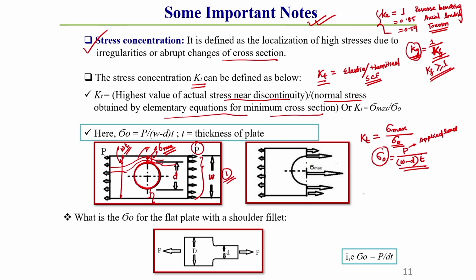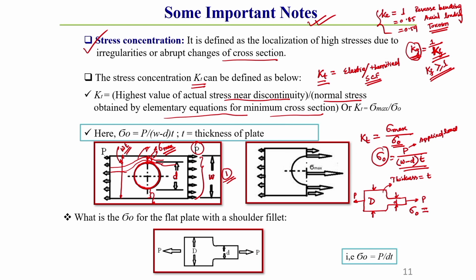I am giving another example. Let us consider a plate with a shoulder fillet. Let this specimen be subjected to load P. Here the larger width is capital D, the smaller width is small d, and let us consider the specimen has a thickness T. Now, for this case, what should be the nominal stress sigma 0?